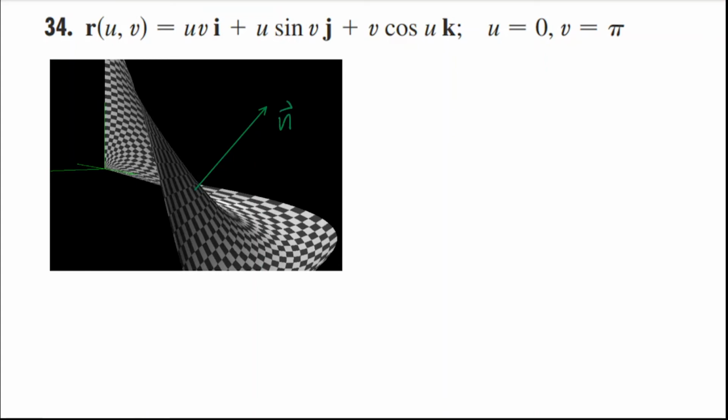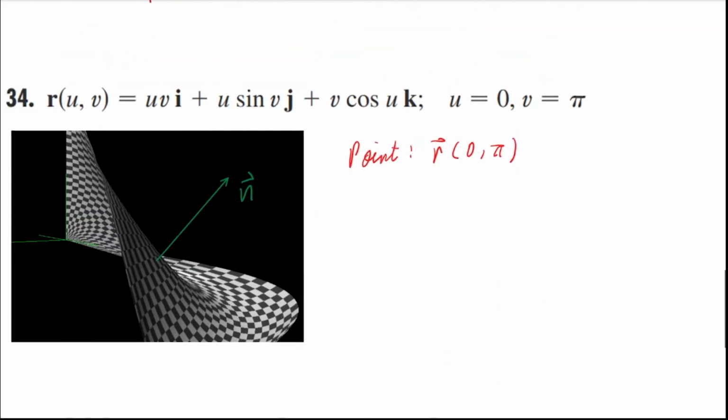How are we going to come up with a normal vector now? Okay, I'm gonna write the point first. The point, of course, is easy. That is r of 0, pi, right? So let's get that point. If u is 0, this thing is 0, right? Let's write it in component notation. So 0, and u is equal to 0.